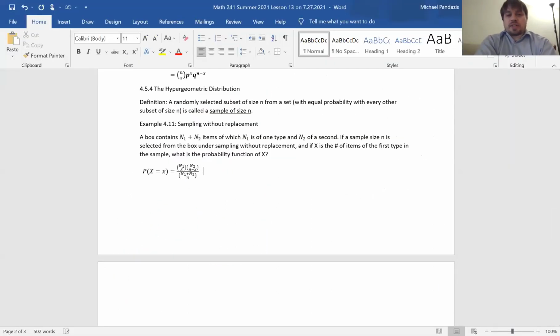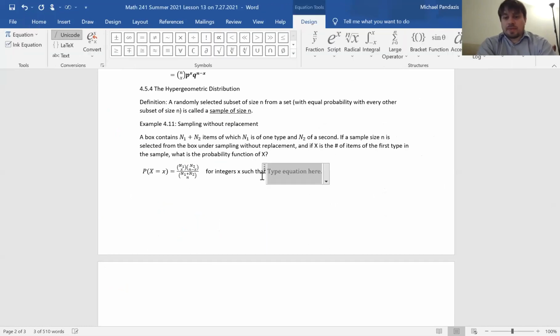Okay, and so I'm going to put these conditions here. So the probability function is that for integers little x, such that those two inequalities hold: 0 is less or equal to little x, less or equal to n, and 0 is less or equal to x, less or equal to N1.